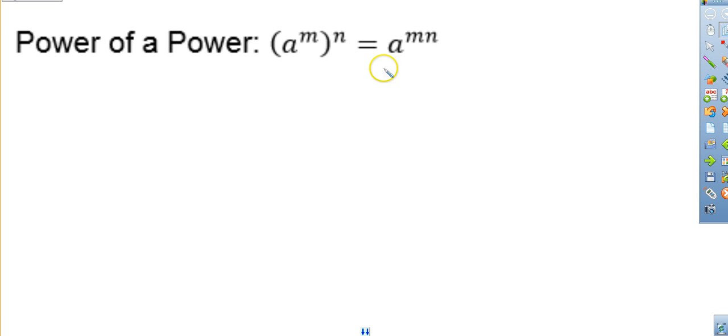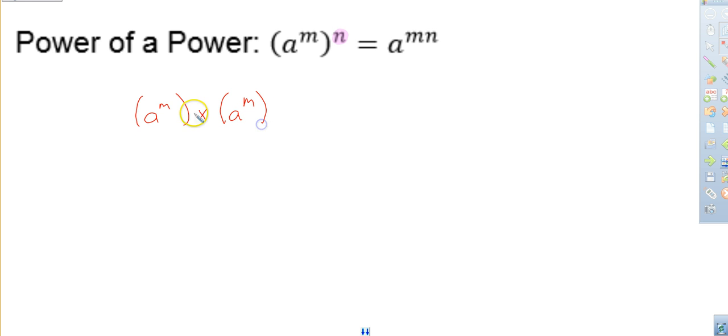Now for a to the power of m and then to the power of n, we call that power of a power, and we figure this out by multiplying the exponents. So again, a quick explanation of why. If I want to apply this exponent of n to a to the power of m, what this means is I'll have a to the power of m times a to the power of m.